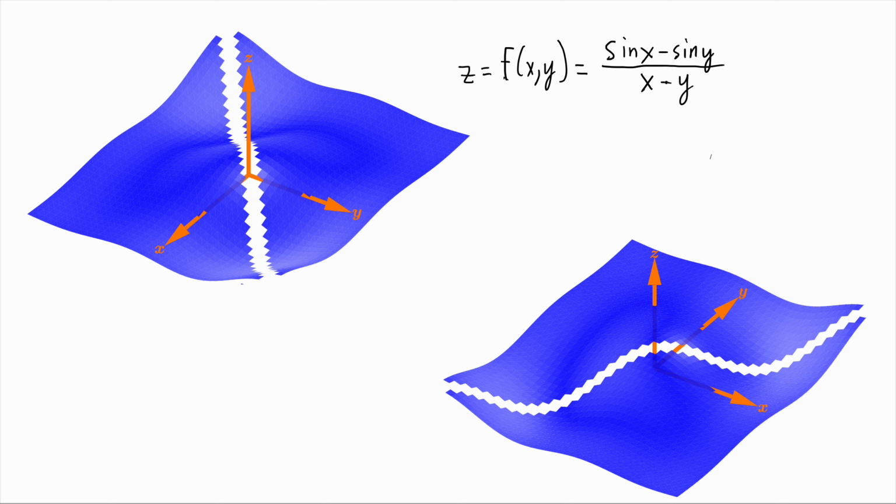Now, that should make sense. Where x is equal to y, you can't divide by 0, so it would be undefined. But actually, as x gets close to y, this fraction should end up giving me a slope of a tangent line, or close to the slope of a tangent line, where I have 2 points that are close together on the graph of sine, and take the line between them.